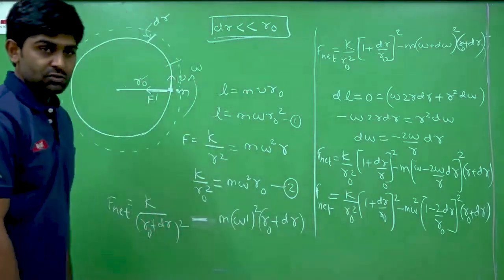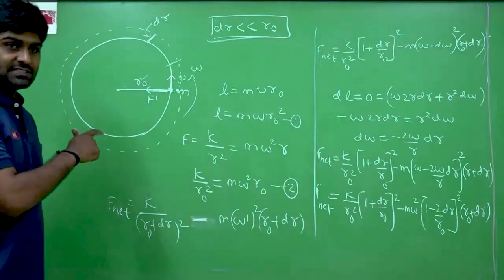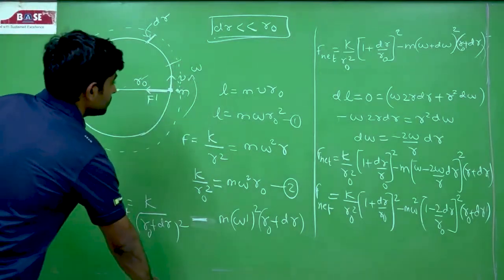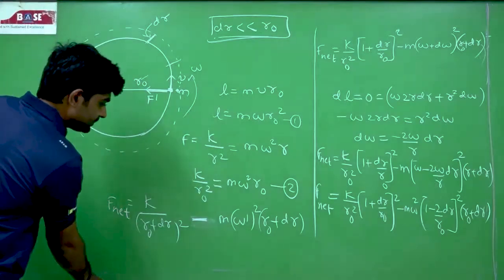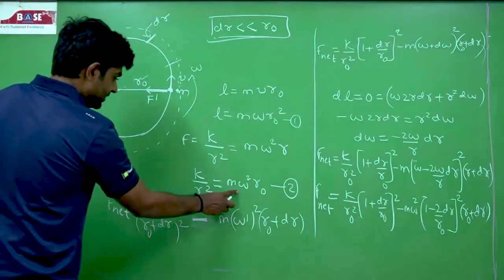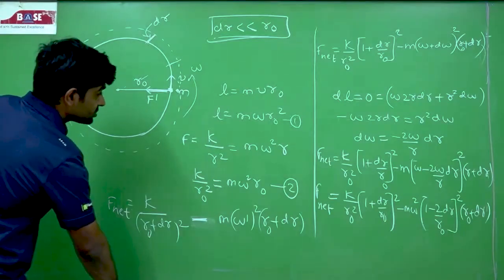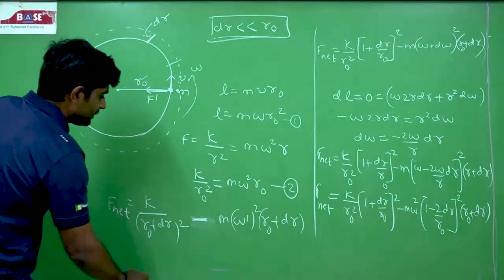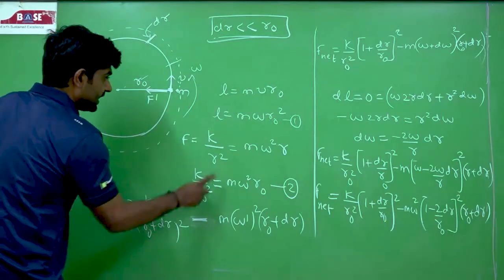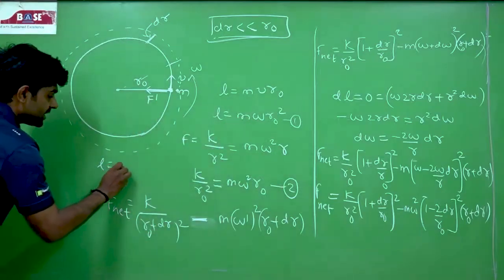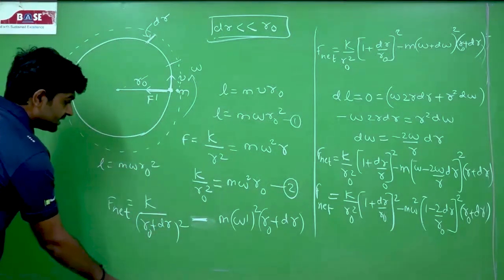I'll keep this value as it is because I might need it: L equals m omega r naught square.